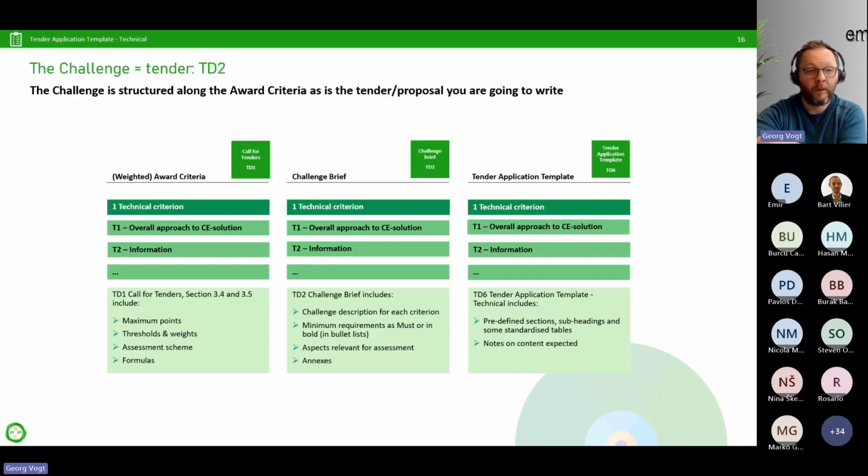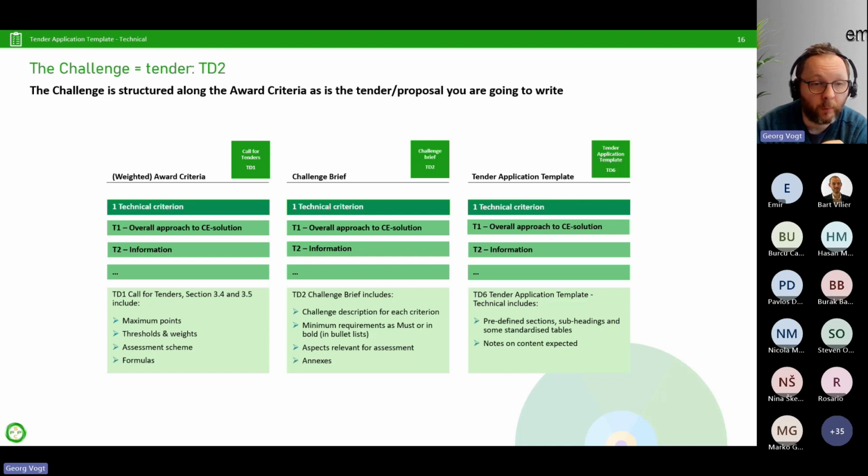A reminder that the challenge brief and the technical application template are linked. Yeah. So in the call for tenders, you will find a table in section 3.4, which is basically the points you will get for any given section.